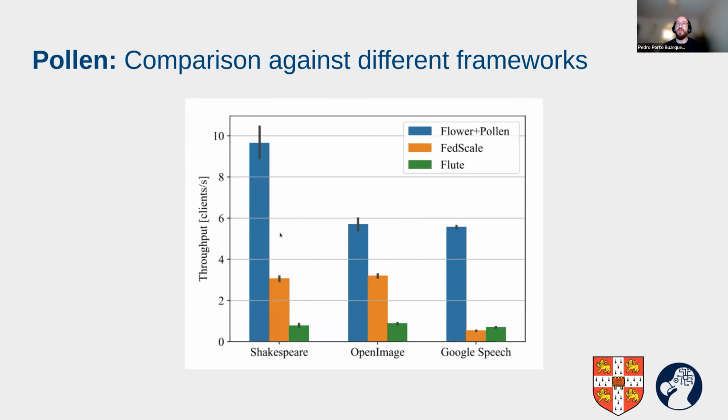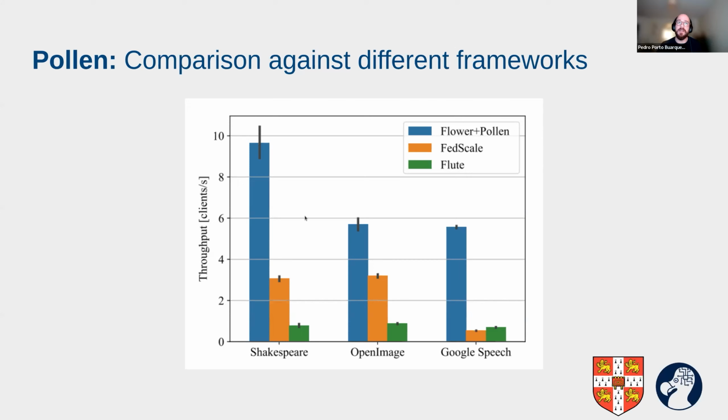And here, when we compare Flower plus Pollen against two of the most used frameworks other than Flower, meaning FedScale and Flute, here's where you can see the throughput that Flower plus Pollen can give you in these three data sets.